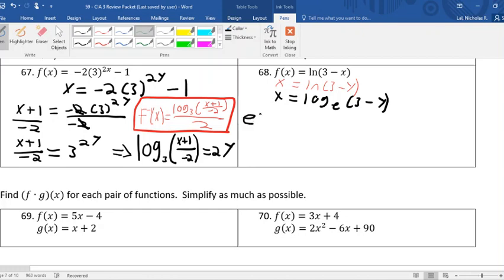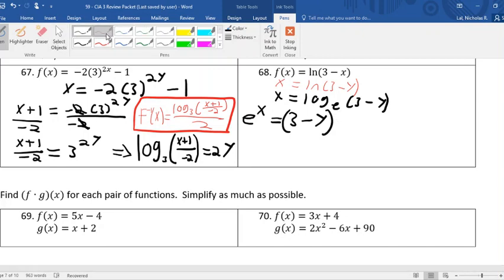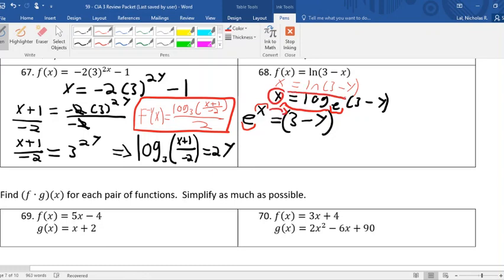E to the x is going to be equal to 3 minus y. And that's the swooshing the logarithm. Start with e, to the x, swoosh to x, equals 3 minus y. Swoosh back to 3 minus y. So e to the x equals 3 minus y.